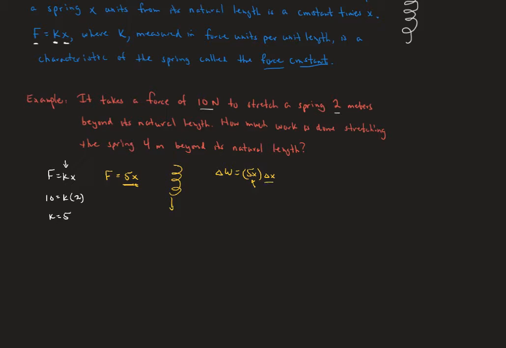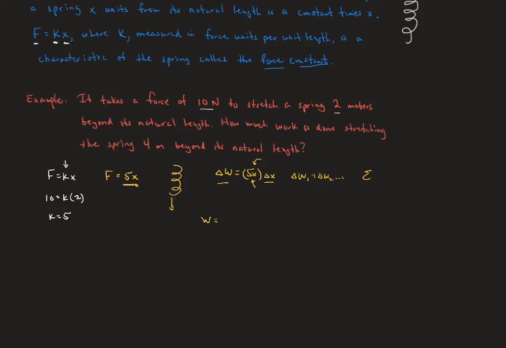And then times a little distance will be a little bit of work. Then, because the spring is stretched, we'll have to recalibrate what the force is for the next delta x. And so you're going to imagine that you're adding up these delta works. This is our Riemann sum idea. And then as the delta x goes to 0, the summation is going to become an integral.